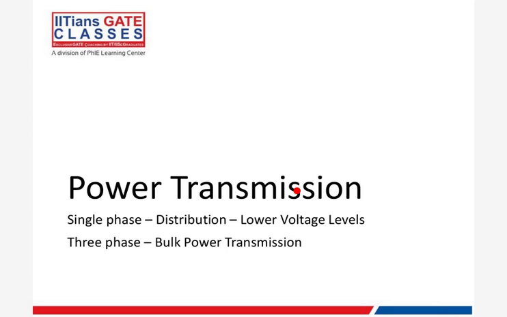Okay. So we are talking about power transmission. When you're talking about transmission, we have two means, AC and DC. In DC, it is more or less straightforward, but DC transmission is currently employed only at high voltage levels.